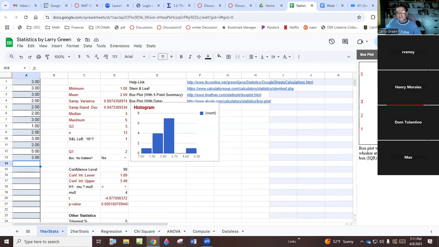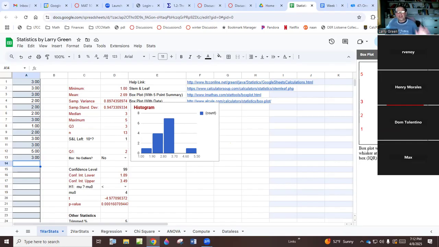The bottom is the minimum, which is 1. Then the next is 2, which is Q1, the first quartile. And then this line here, which happens to be at 3, is a little brighter because it's both the median and the third quartile in this case. They were both 3, if you remember.